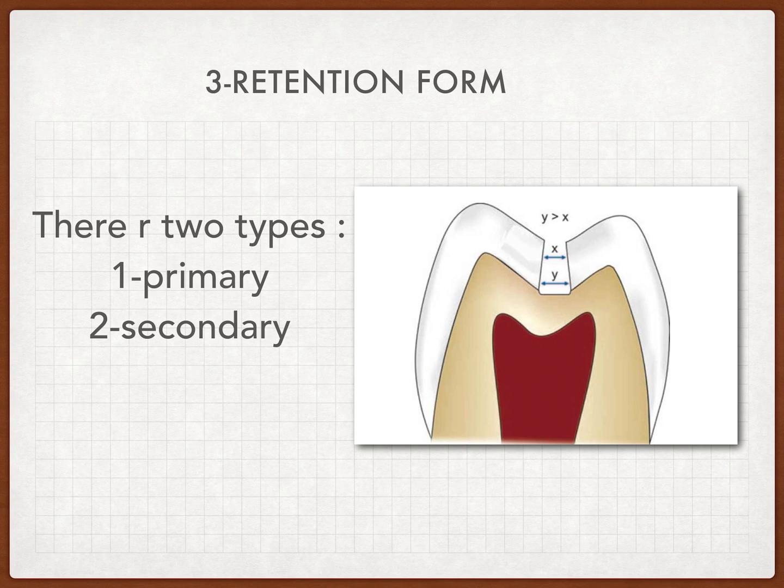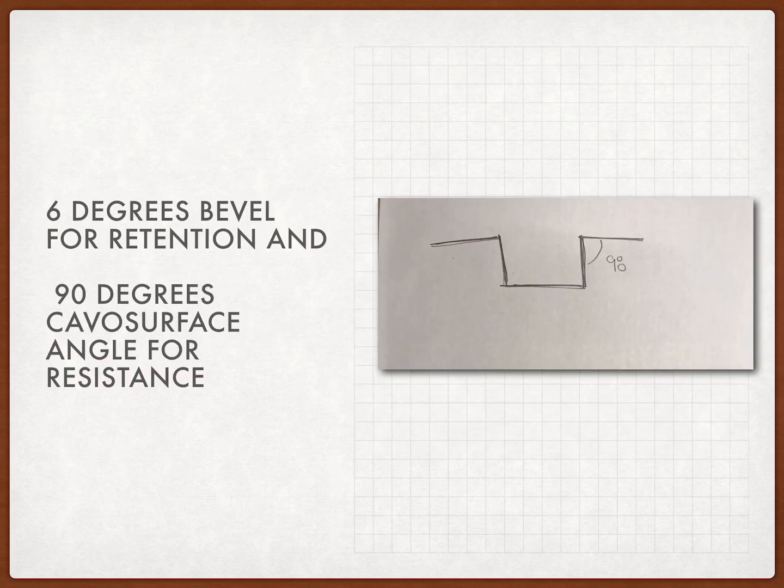As shown in this picture, this is done by making X, the occlusal part of the preparation, smaller than Y, which is the pulpal side of the preparation.